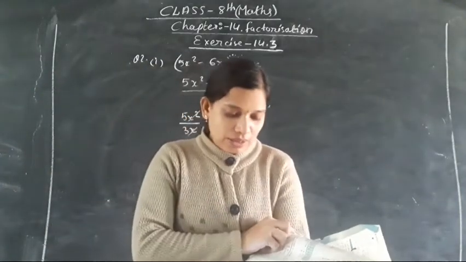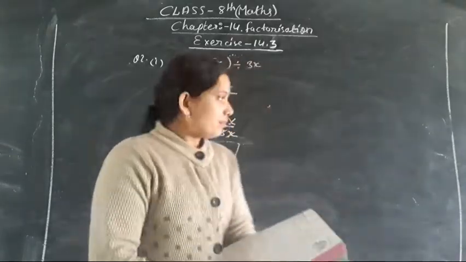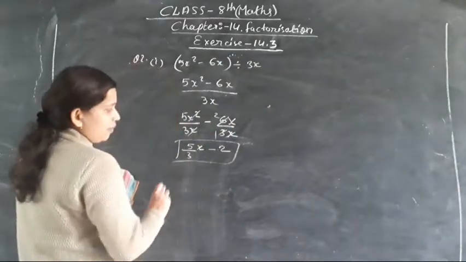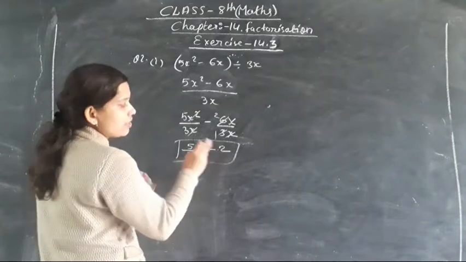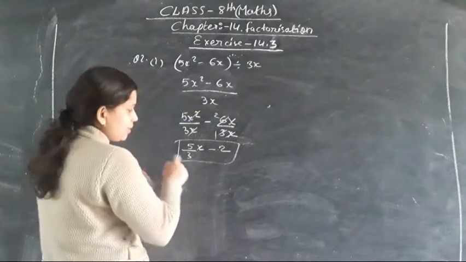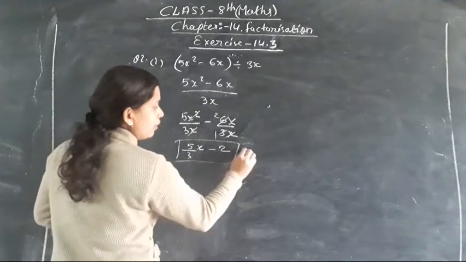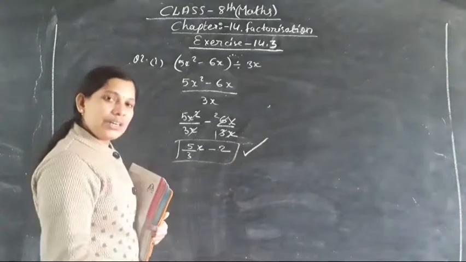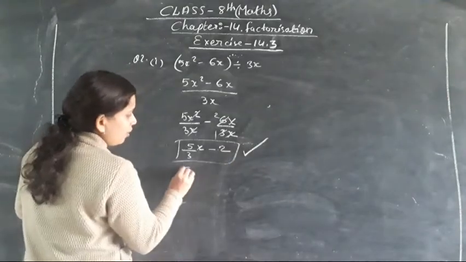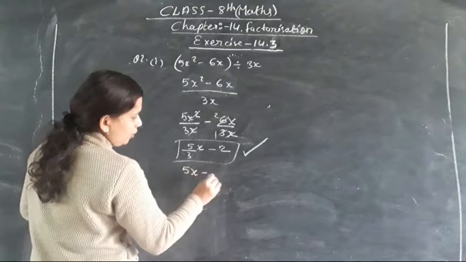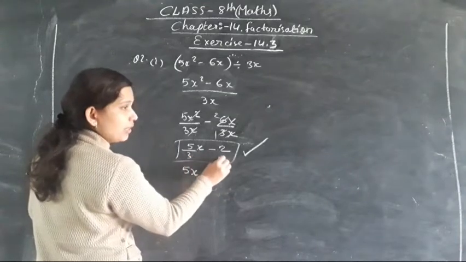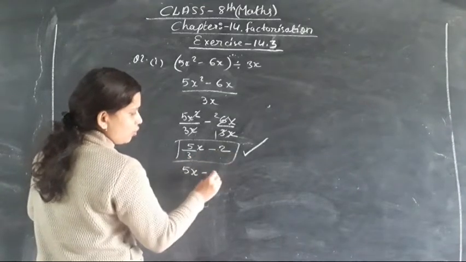Clear to everyone? Yes or no? Now you will ask me, teacher, here it does not have a denominator, here the denominator is present. So dear student, if you are stopping your solution here, that is also correct. If you are expanding your expression, that means in order to bring the 3 into the denominator, just cross multiply the term.